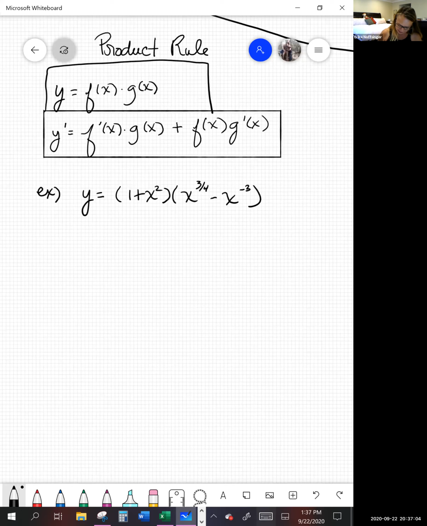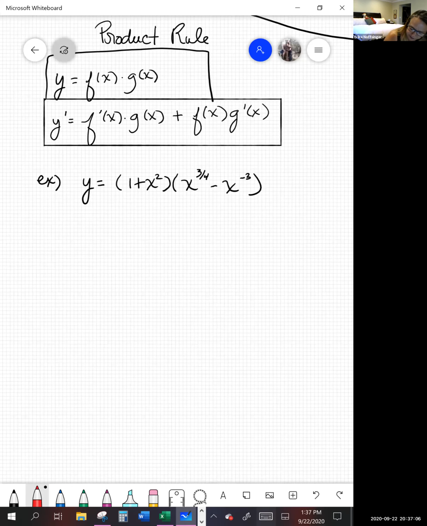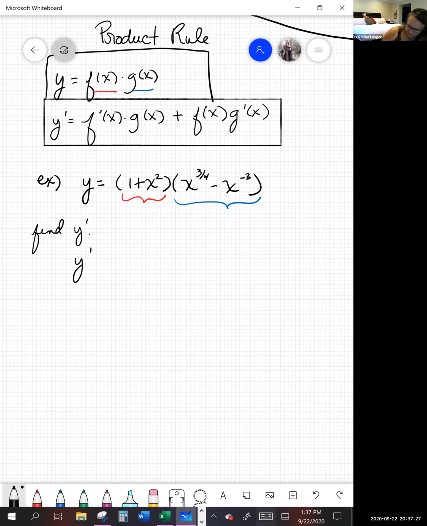So we could think of f of x being our first function, 1 plus x squared. And we can think of g of x being this second parentheses, x to the 3/4 minus x to the negative 3rd. So taking the derivative, by this it says take the derivative of the first.